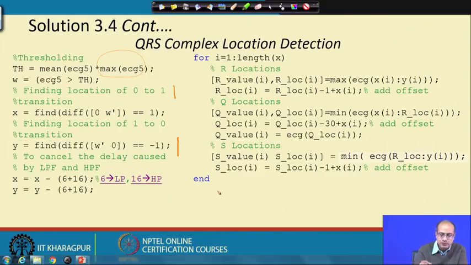Next we need to do some compensation for these two. We have taken an offset of 6 plus 16, out of which the delay of 6 is coming from the low pass filter and 16 is coming from the high pass filter. How do we get it? We need to look at the low pass filter and high pass filter again.